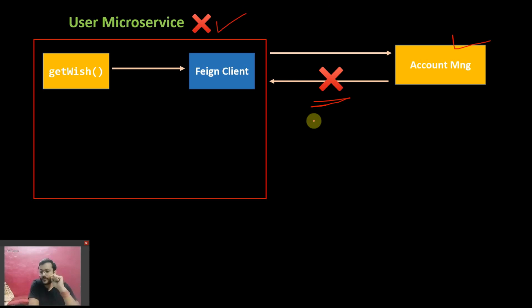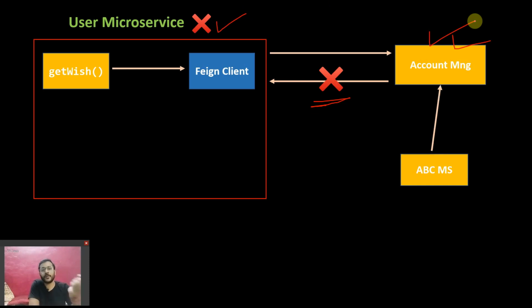Now suppose this is not working, and this account management microservice is also waiting for another microservice, which I have named ABC for the sake of understanding. Take it as a third microservice; the account microservice is waiting for the ABC microservice.